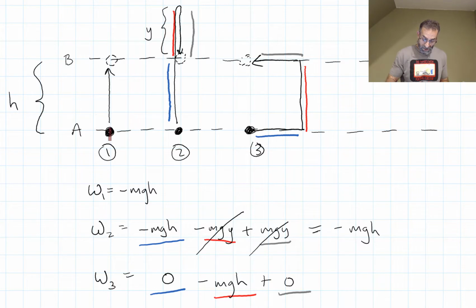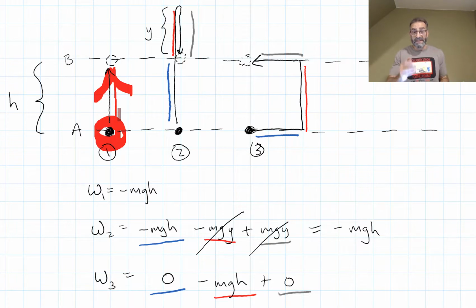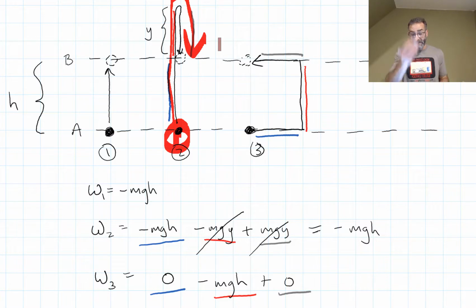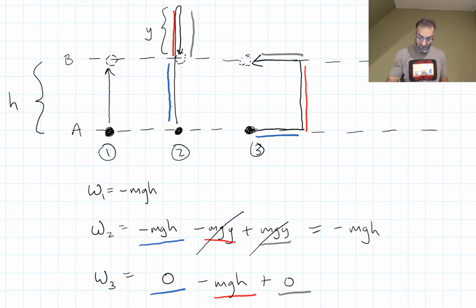So in situation 1, we went from an initial place to a final place just by lifting it straight up. In situation 2, we lifted it up past where we wanted to go, and then we brought it back down. And in case 3, we're moving this way, and then up, and then that way. We're taking this roundabout path to get from our starting point to our ending point.